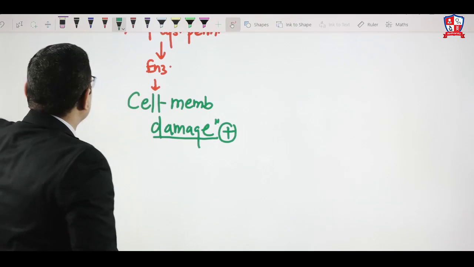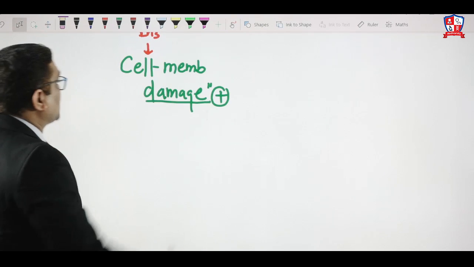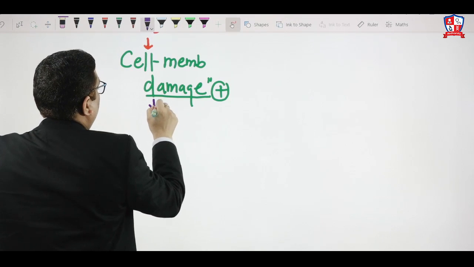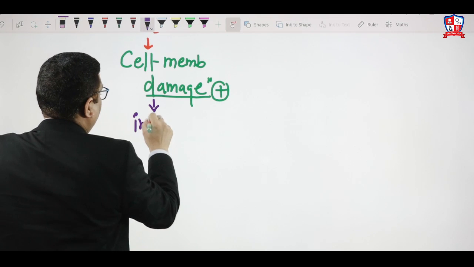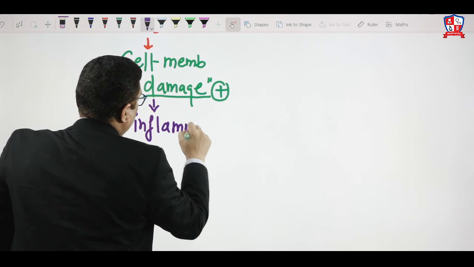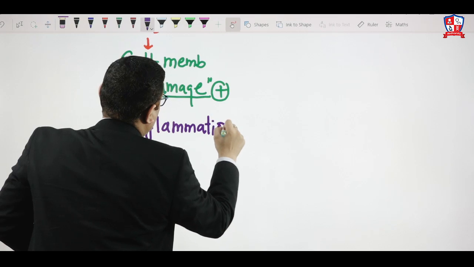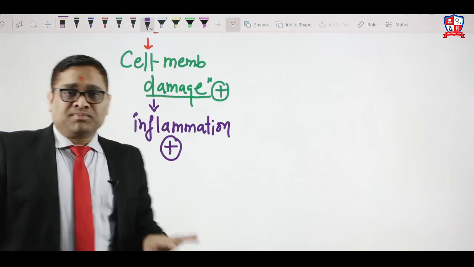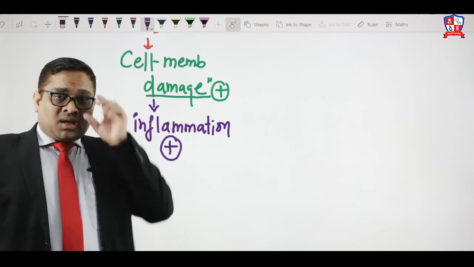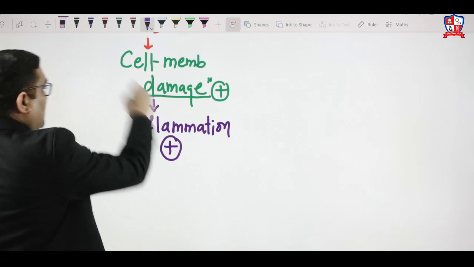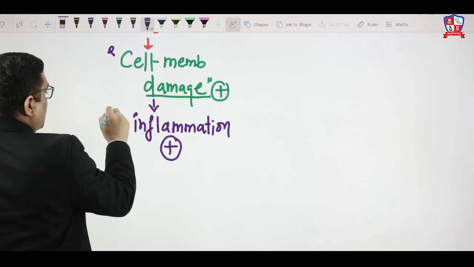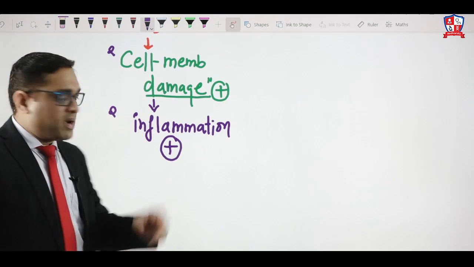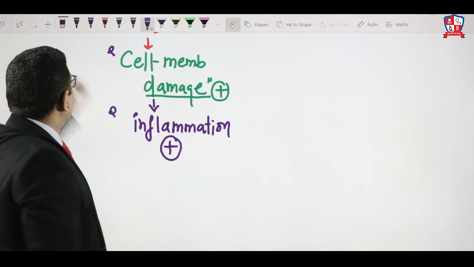Because of this leakage, there will be inflammation. So inflammation will always be present in necrosis. These are two very important points to keep in mind: in any necrosis, there will be cell membrane damage and there will be inflammation, so that we can compare with apoptosis.